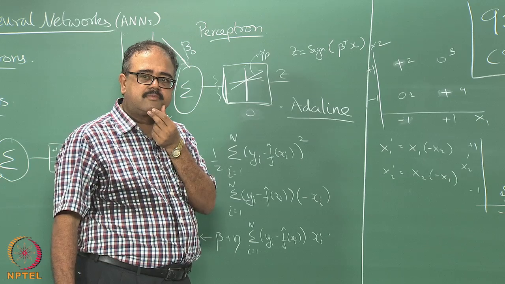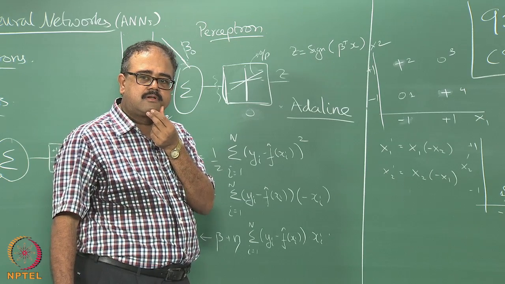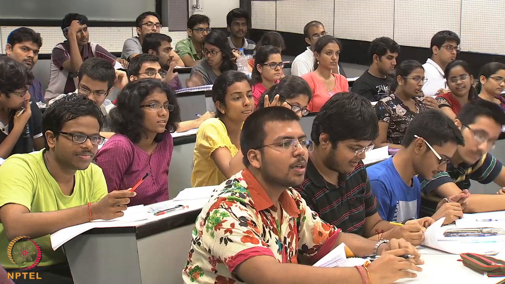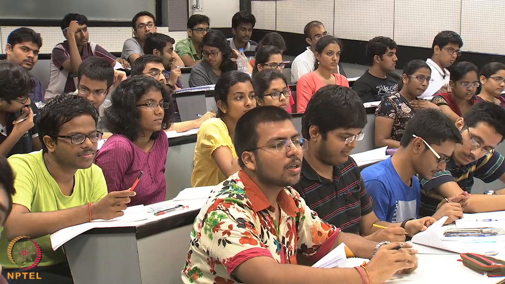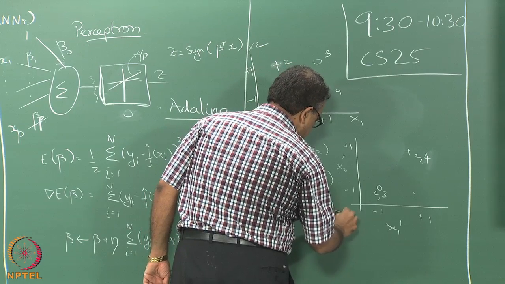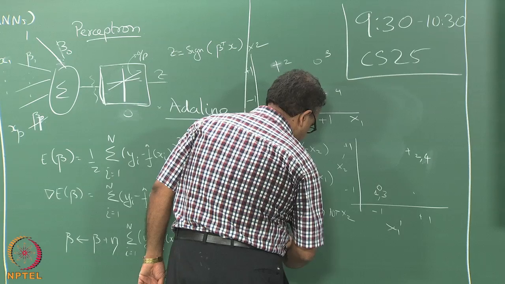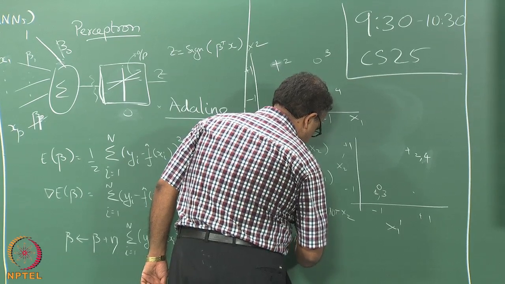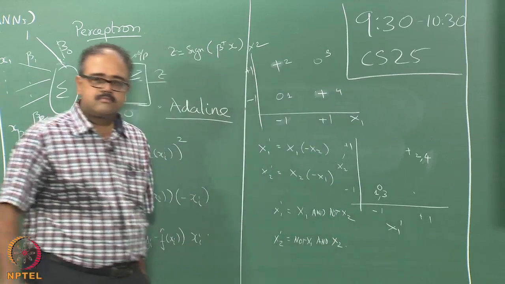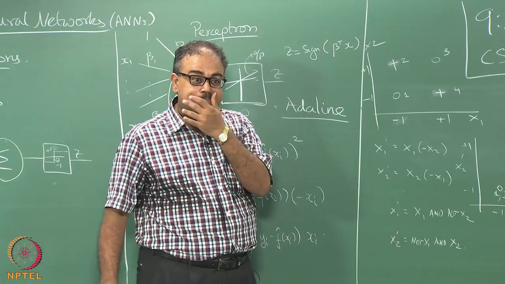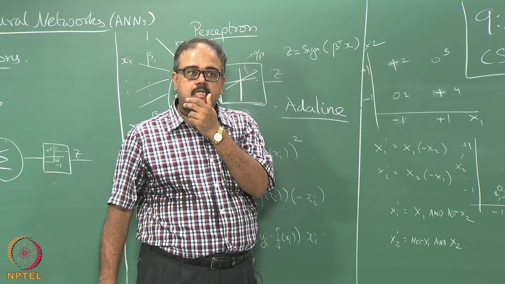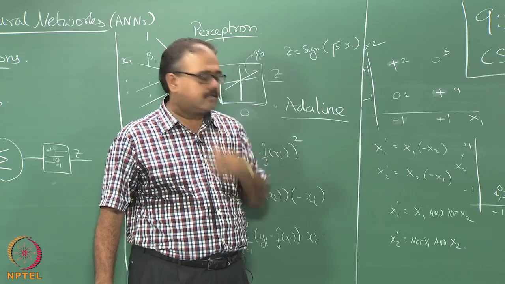They are essentially the same, no? See, the idea is that I want my x1 prime to be equal to x1 and not x2. Right, they are not the same, right?